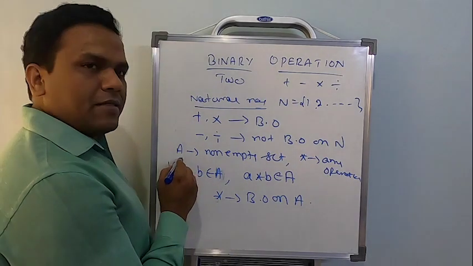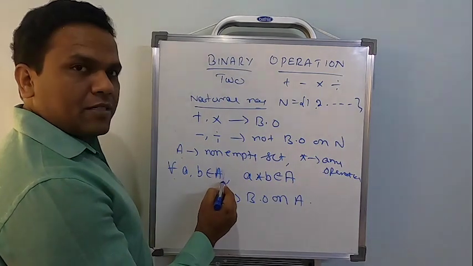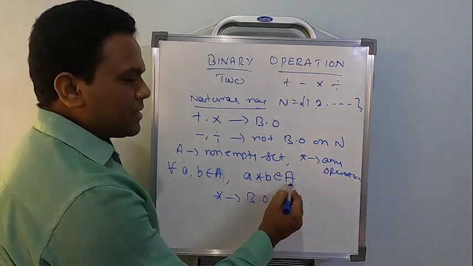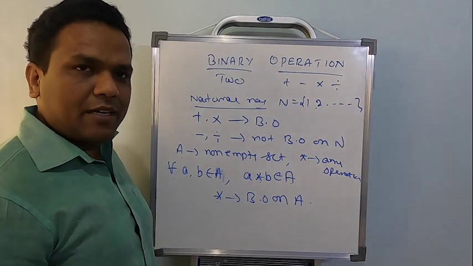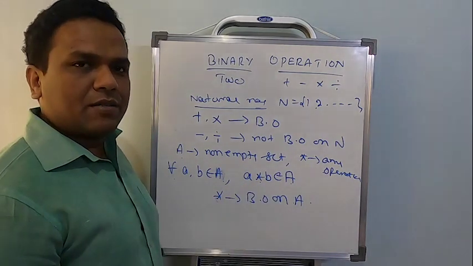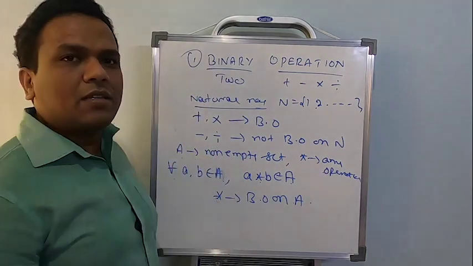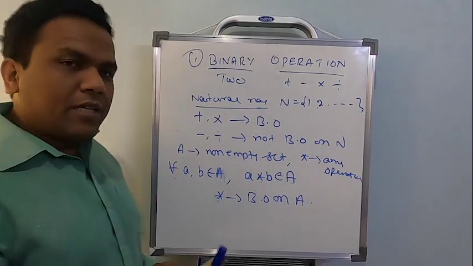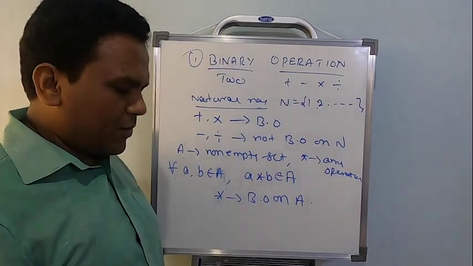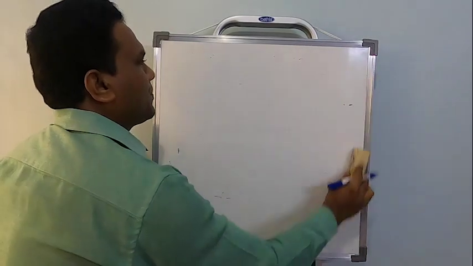Let A be a non-empty set, star is any operation. Between any two elements of the given set, whenever star is applied, the resultant element should exist in the given set. Now in such case, star will be called a binary operation. So remember, sometimes they will ask you this definition for 1 mark in the final examination. Okay students, I hope you got the definition of binary operation. So a simple definition, please remember.